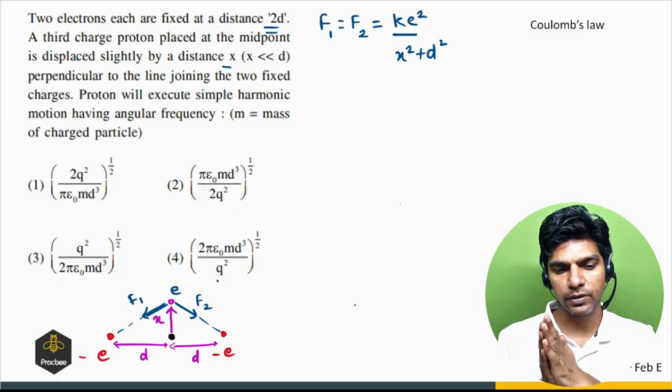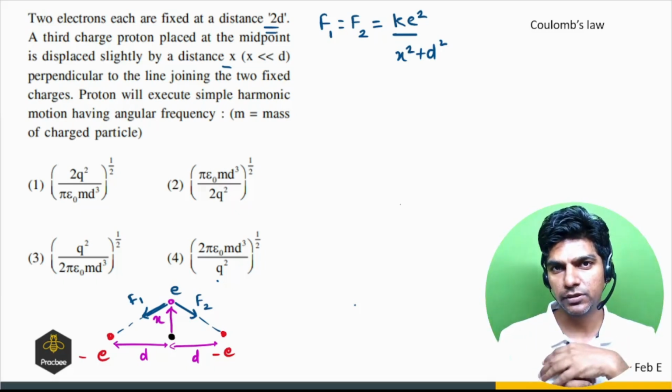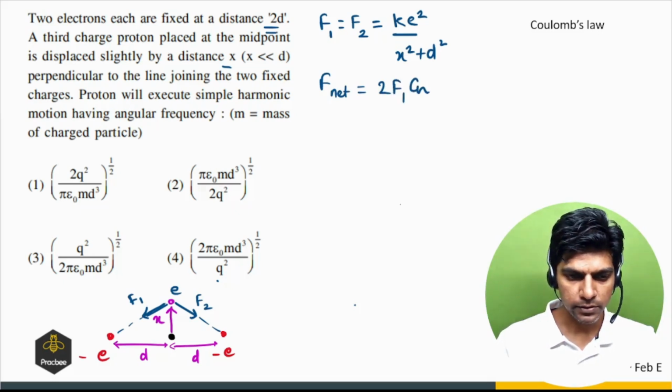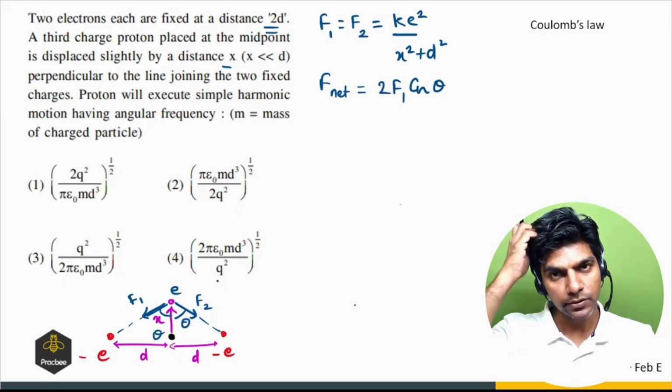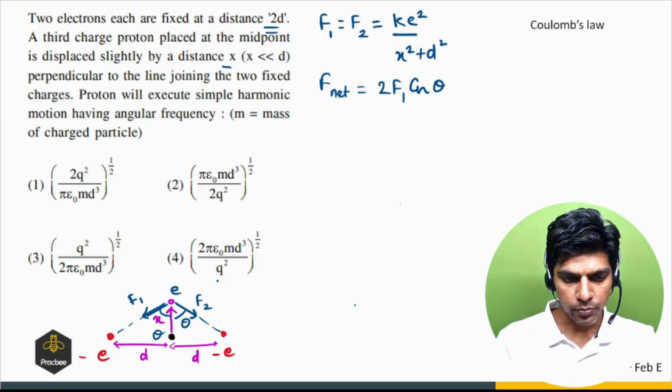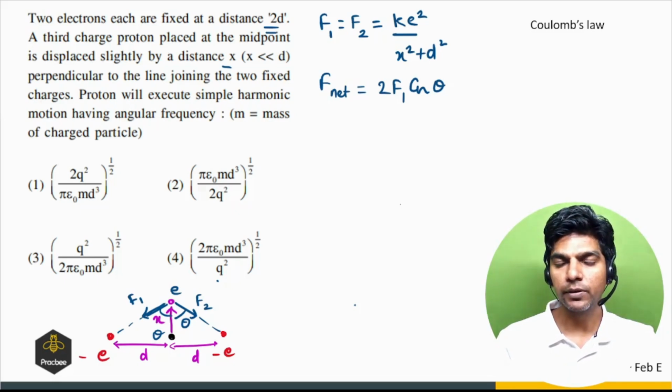Now we have two forces, and we have to find the resultant of these two forces, and the resultant will be 2F1 cos theta. This angle is theta, this angle is also theta, right? So that is the resultant of these two forces, and it comes out to be towards the mean position. So there will be a restoring force which will try to bring this proton back to its mean position.